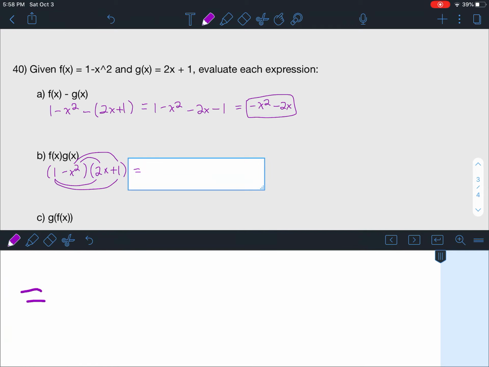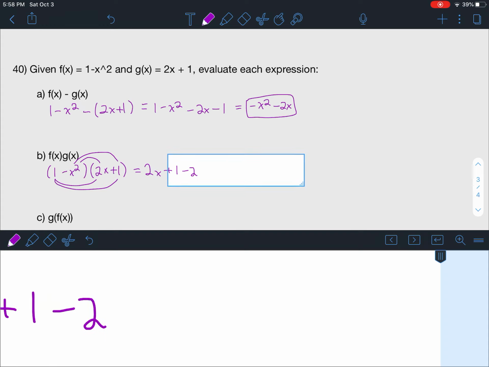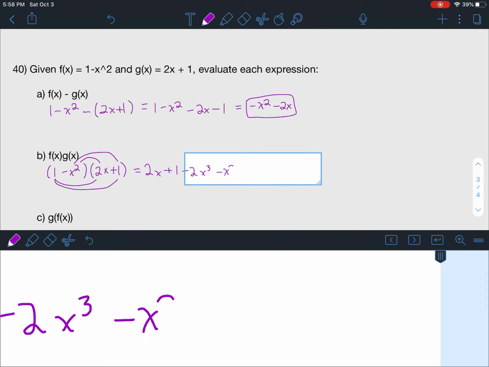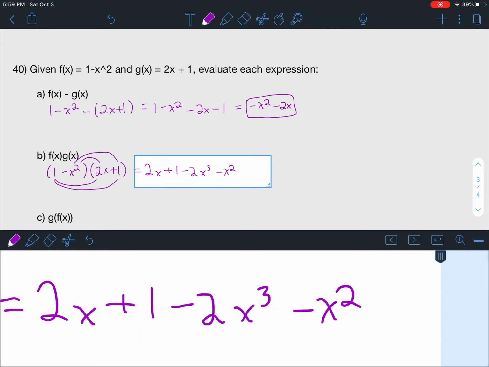So first, 1 times 2x would be 2x, plus 1 times 1, which is 1, plus negative x squared times 2x, which is negative 2x cubed. And finally, negative x squared times 1, which is just negative x squared. And you can leave this as it is, because this is in the simplest form that it can take on. So this is the answer.